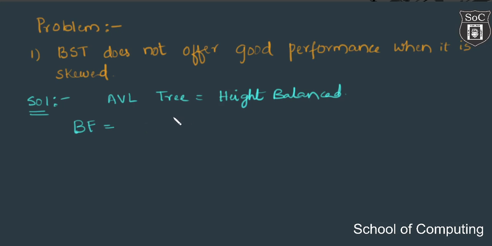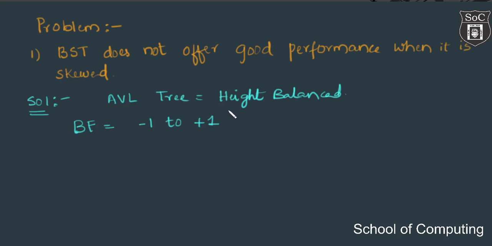So what is the balancing factor? It is -1 to +1, meaning the height at a given node can be -1 or 0 or +1. These are the only three possible values allowed as a height at a given node.